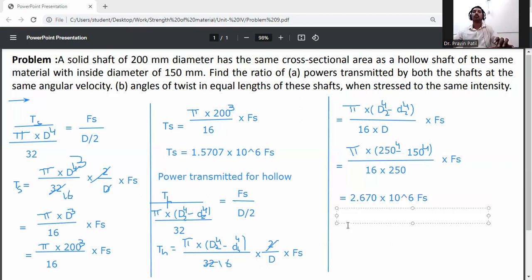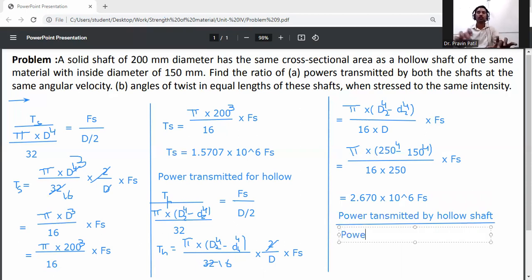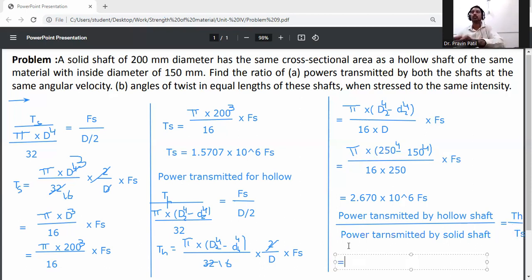Okay. So now power transmitted by hollow shaft divided by power transmitted by solid shaft, this ratio means τh divided by τs. So τh is how much?